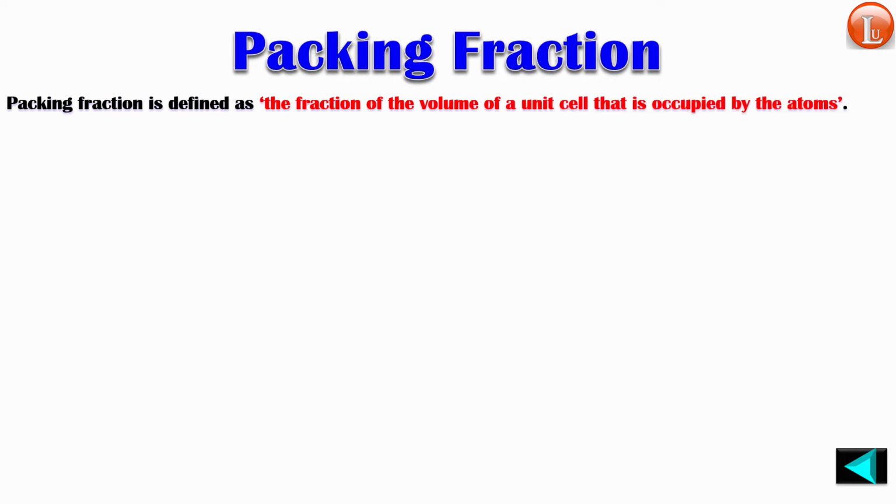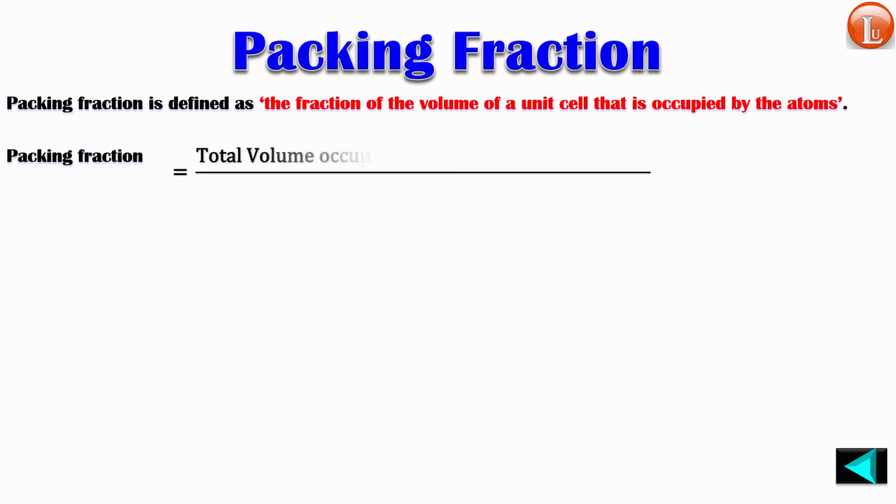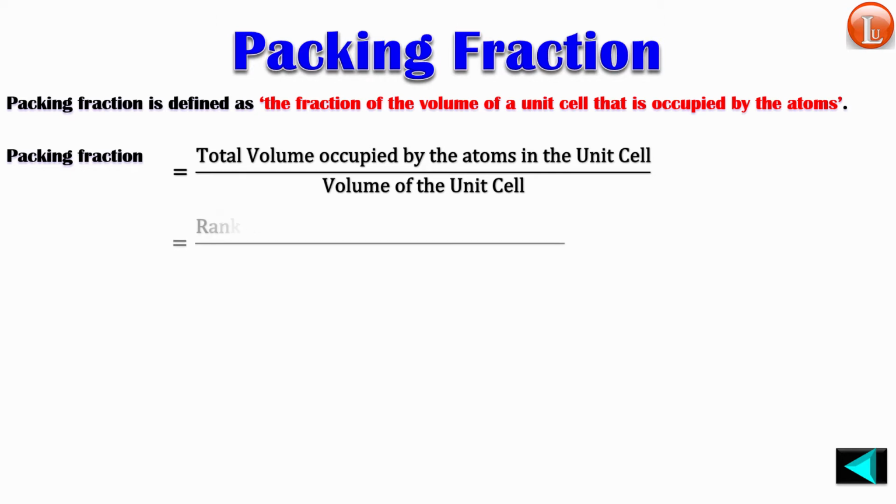So the packing fraction is equal to the total volume occupied by the atoms inside a unit cell upon the volume of the unit cell. Now remember, the total volume occupied by the atoms in the unit cell would be the rank multiplied by the volume of an atom. So the rank multiplied by volume of an atom upon volume of the unit cell.